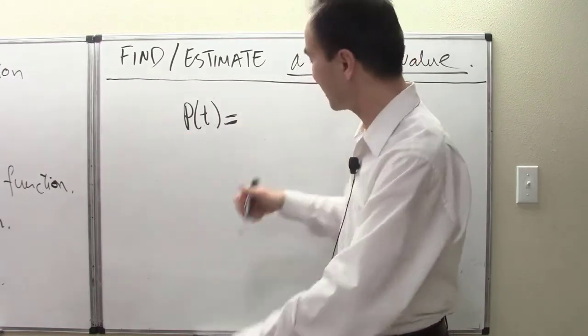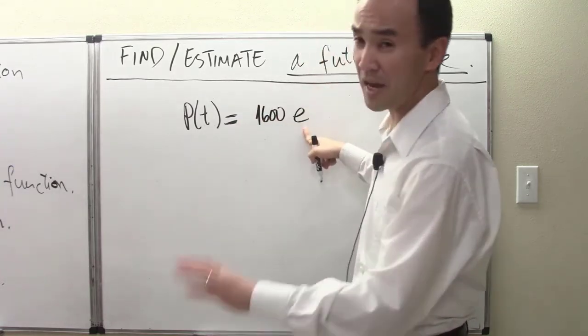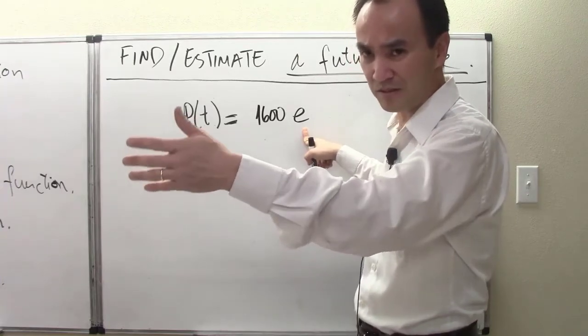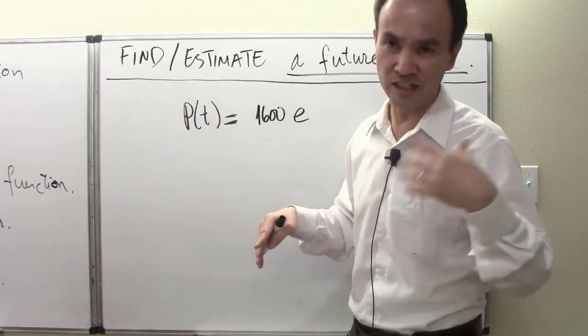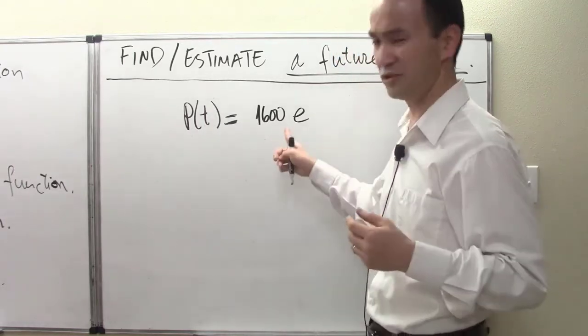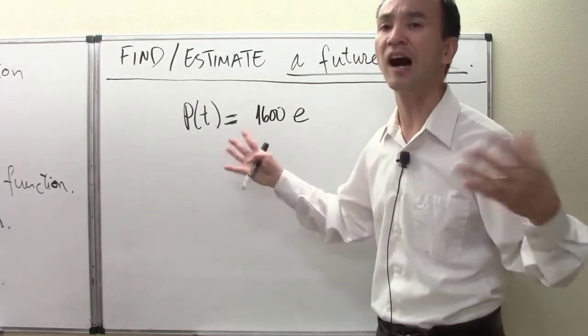We're just taking that 1600 times e to the, and this is base e. And so at this point, after you have learned from my lessons about the continuous growth model or a periodic growth model, you should be able to tell, or at least raise your own awareness about what kind of model this is.